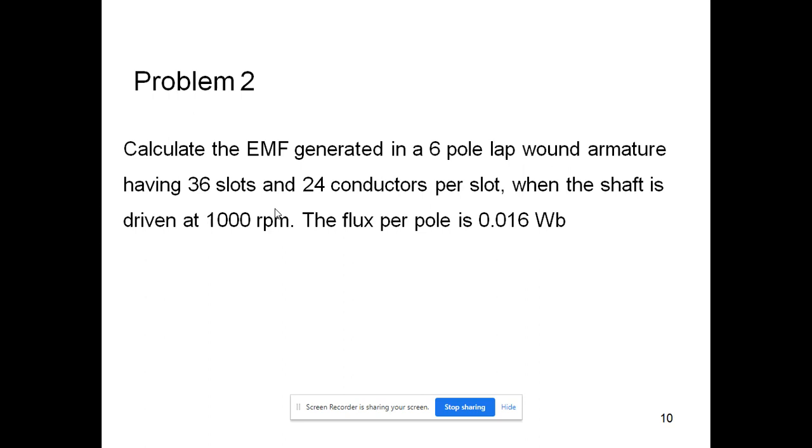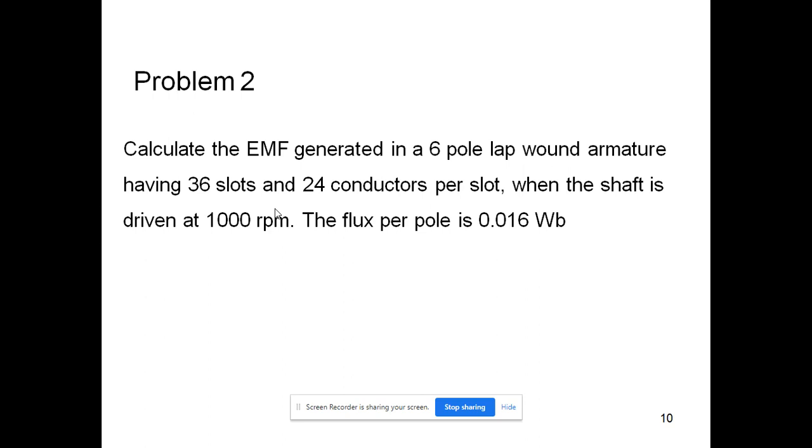Calculate the EMF generated in a 6-pole lap wound armature having 36 slots and 24 conductors per slot, when the shaft is driven at 1000 rpm, nothing but speed, rotations per minute, and the flux per pole is 0.016 Webers.